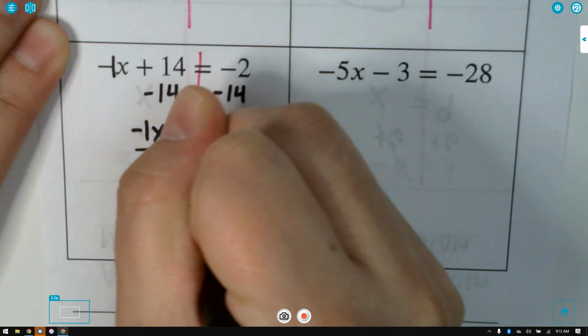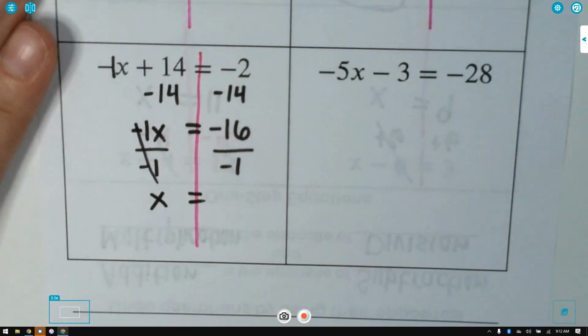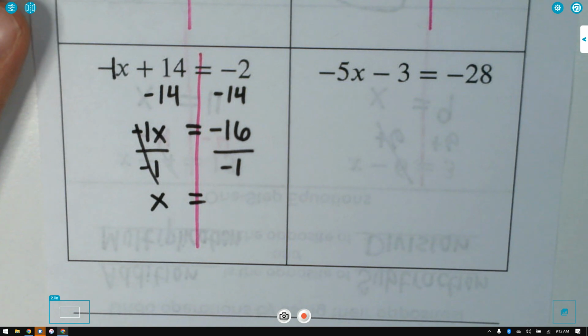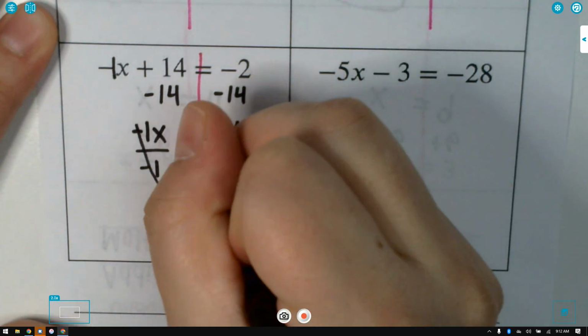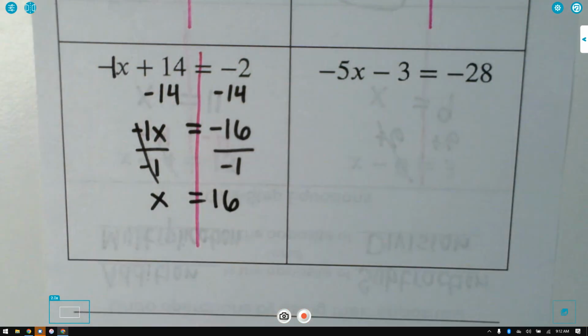Get my x by itself. So those cancel. And now a negative divided by a negative is positive. If you guys have heard the phrase 2 positives become a negative, that's only true when multiplying or dividing. So negative 16 divided by negative 1 is positive 16.